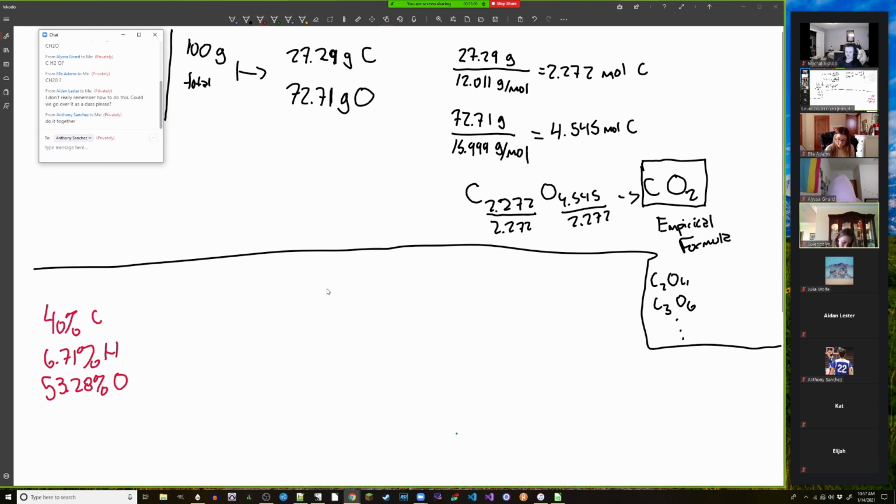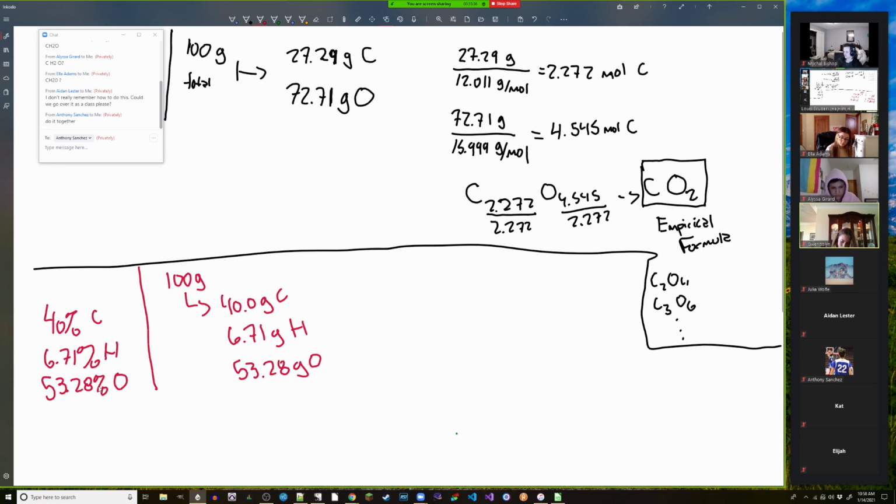This is kind of the same as this one above, right? We're starting in percentage composition, not actual number of grams of this substance. So, again, I'm just going to choose 100 grams as the total mass for my sample because it makes the math way easier, which means I have 40.0 grams of carbon, 6.71 grams of hydrogen, and 53.28 grams of oxygen.